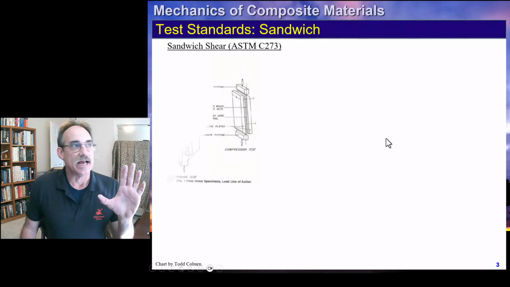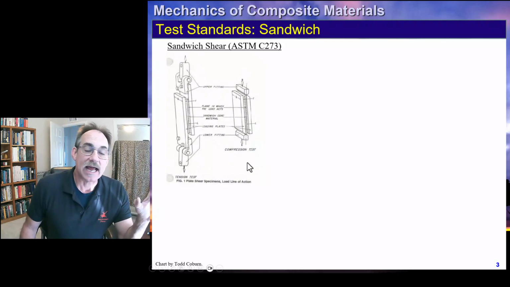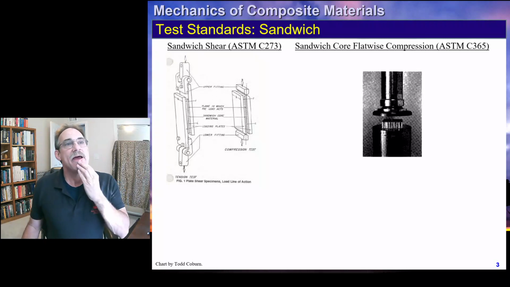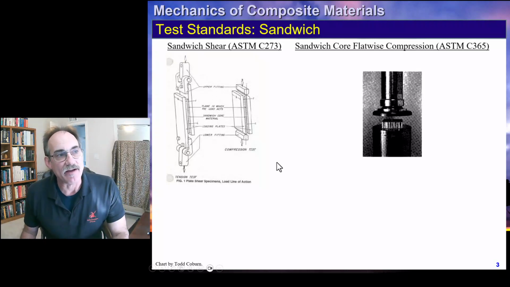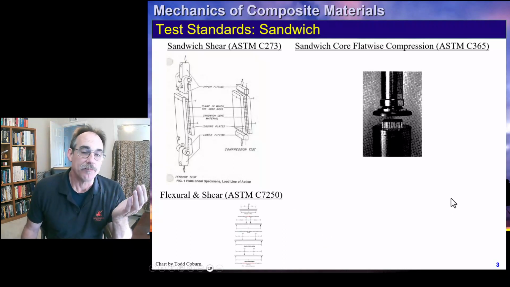The next standard is ASTM 273, which loads like this and can be used for shear properties of the sandwich. Also, we have flatwise compression. ASTM 365 governs that.